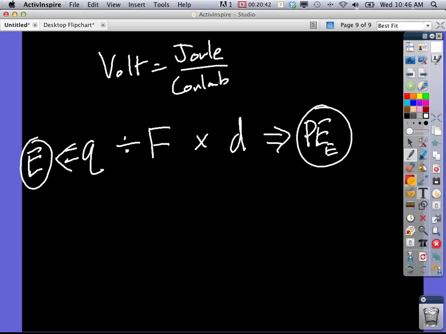It's energy per charge. So now, talk with your neighbors, work this out, figure out how you get this based on one of these three things.